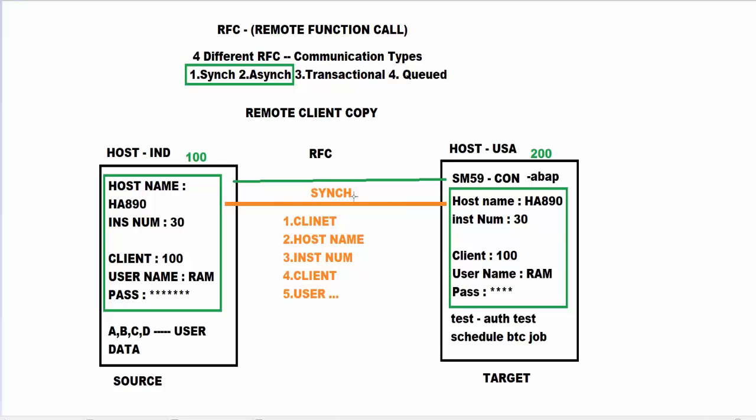It will check continuously. First it will send a request to the target system. If everything is fine with the client, it will get the acknowledgement. Then next it will send a request to the target client asking whether the host name is right or not, and it will receive the acknowledgement, yes, the host name is maintained correctly.